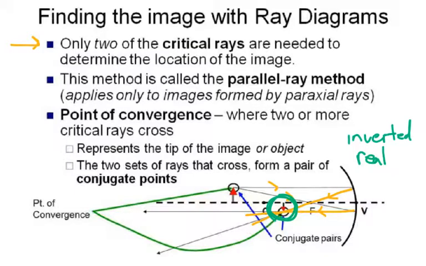The location could be outside of C, between F and C, between F and V. This one happens to be between F and C. And we can also talk about the size of the image. All we really care about is whether it is the same size as the object, larger or smaller, because everything is drawn to scale. This is a smaller image.